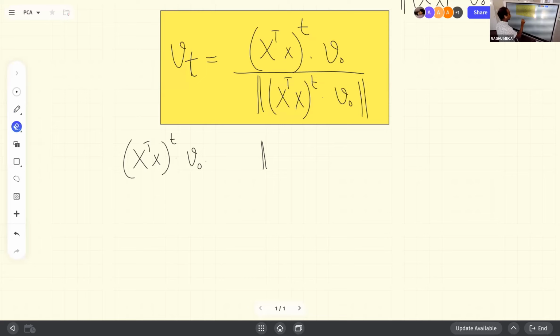Well, let V0 be written in the basis of the singular vectors.